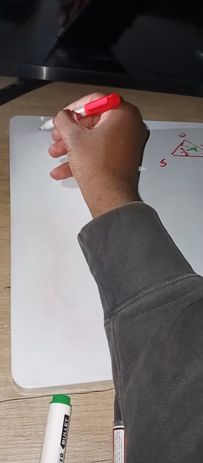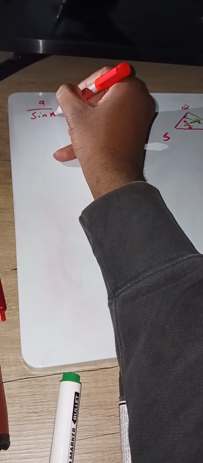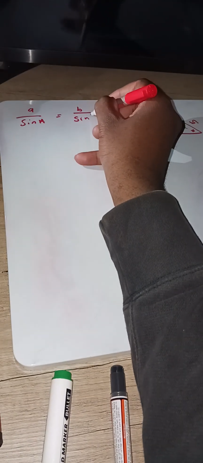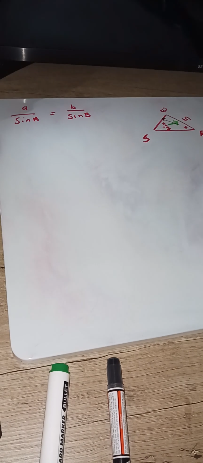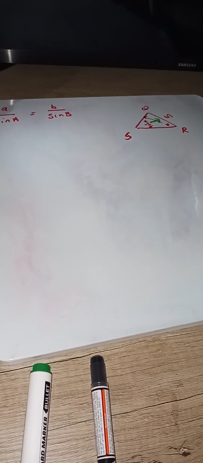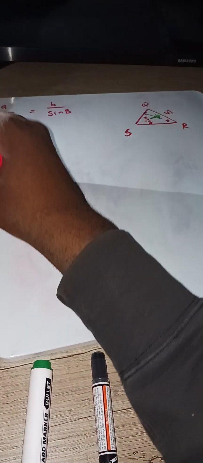This information will help us in showing, by using the sine rule, take note that A over sine A equals B over sine B. So we've already isolated our sides here. The sides that we'll be looking for are QS and QR.